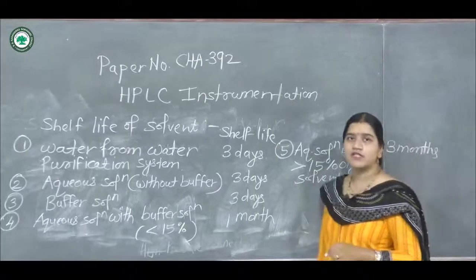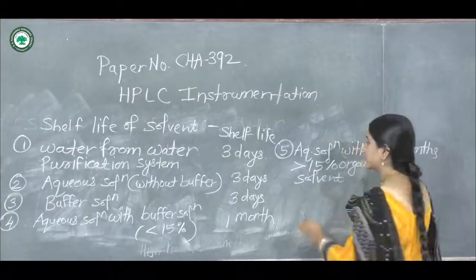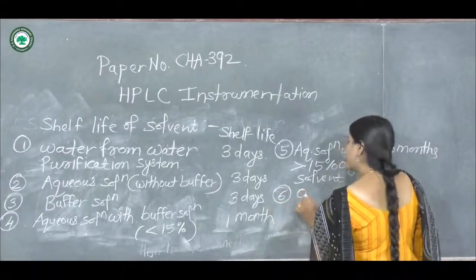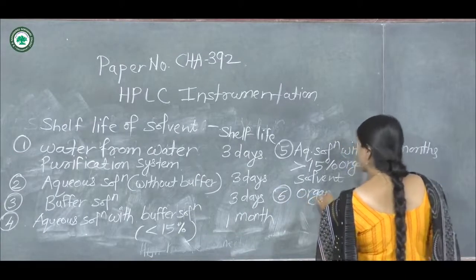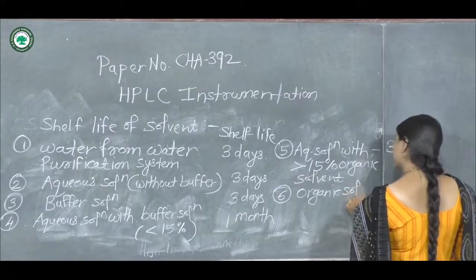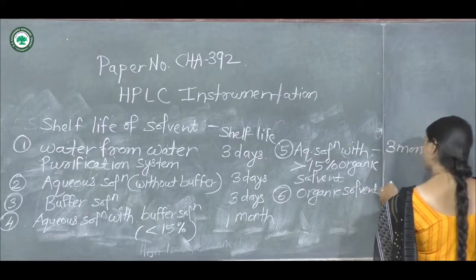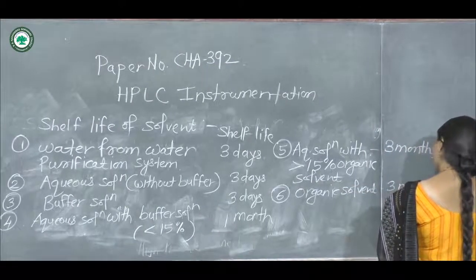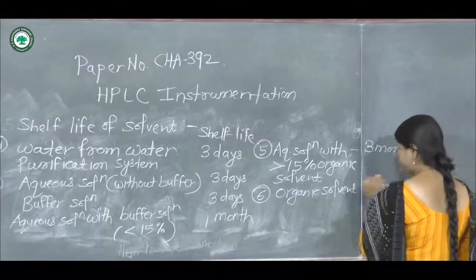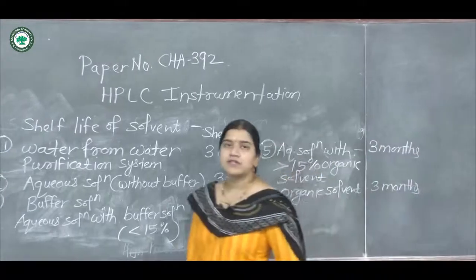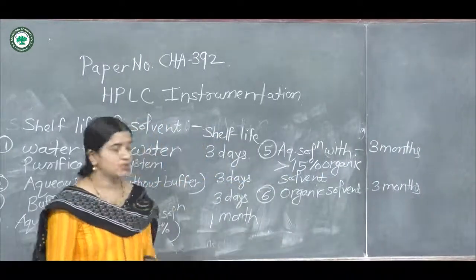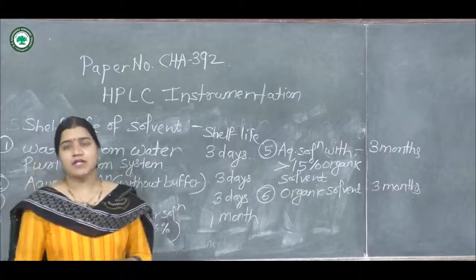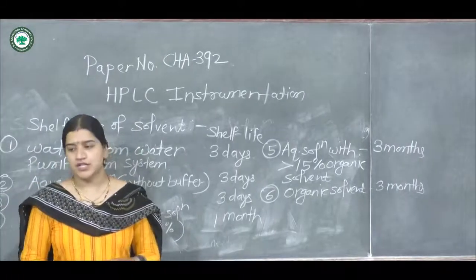And if you are using the pure organic solvents, then again it has a shelf life of 3 months. So this is about the different solvents that we are using as well as their shelf life.